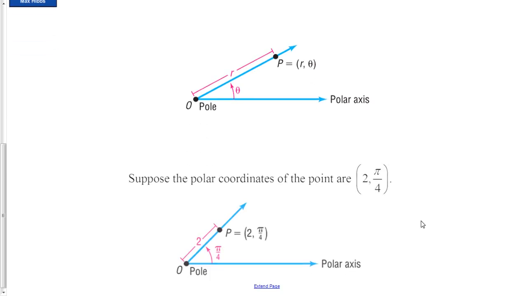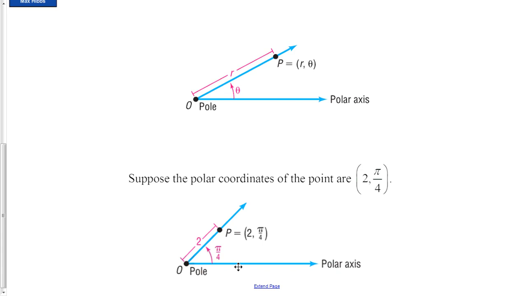For instance, as an example, we're given the polar coordinates 2, pi over 4. Remember, 2 represents the r, or the distance the point is from the pole, and pi over 4 represents the angle measured from the polar axis that we need to move along to get to the point.